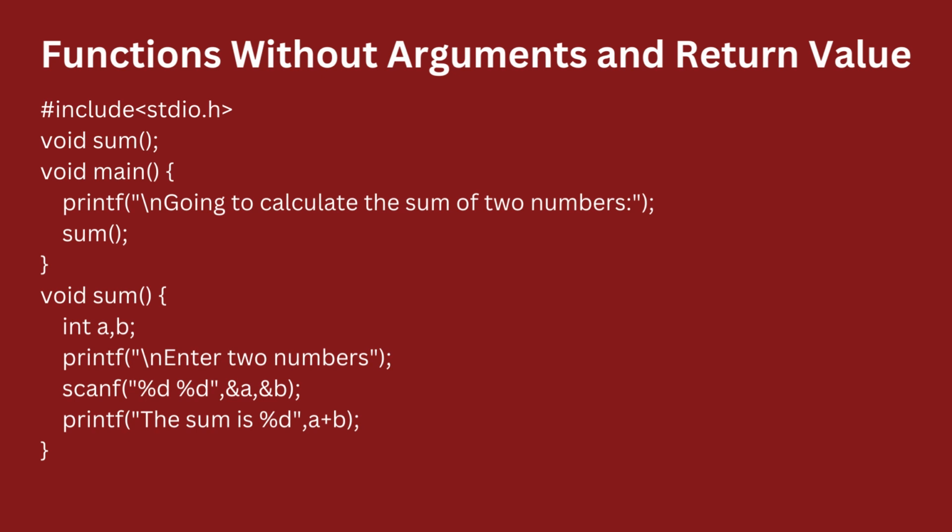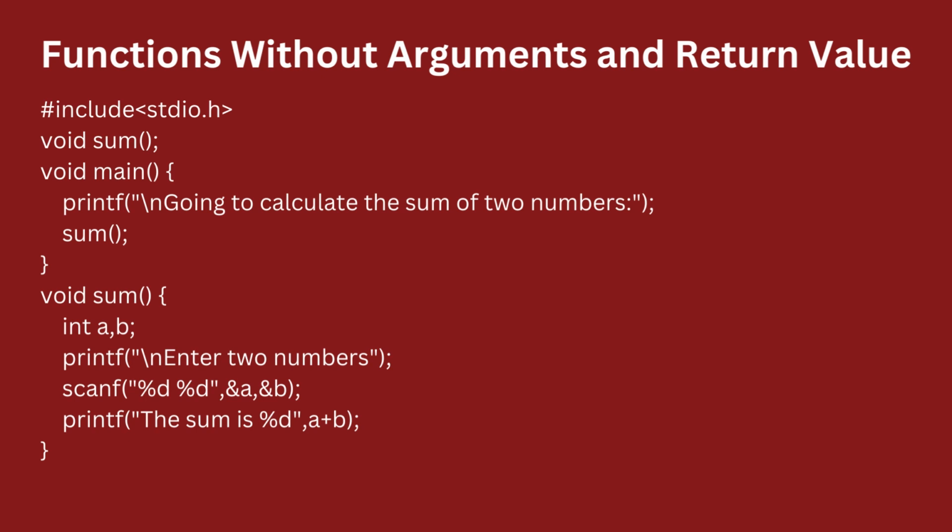Then, as the program starts execution, it will print "going to calculate sum of two numbers", a simple string, to the output screen, and the next line is the calling of a function.